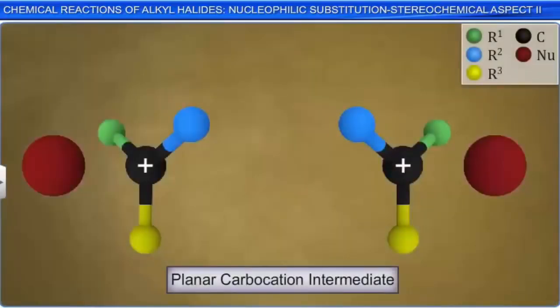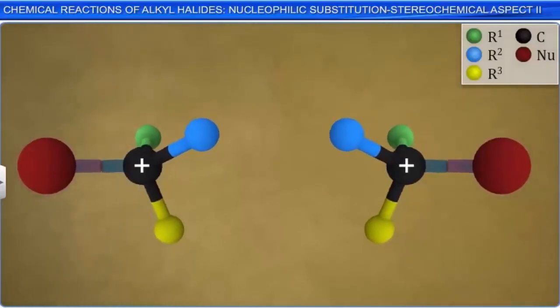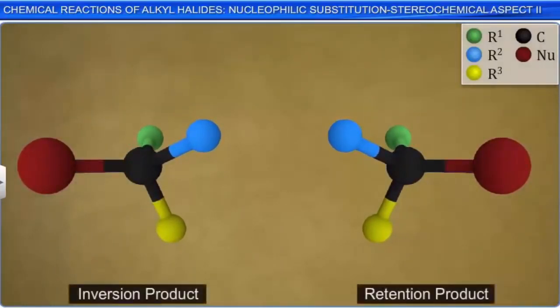In the second step, the attack of the nucleophile on the planar carbocation intermediate can take place from either face with equal ease. This results in the formation of a mixture of products in equal quantities, and this process is known as racemization.